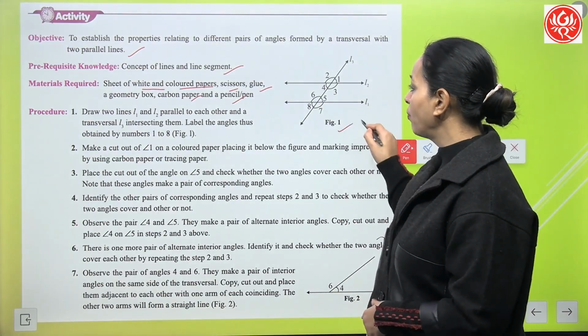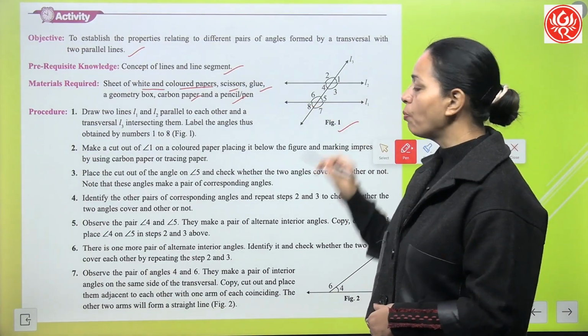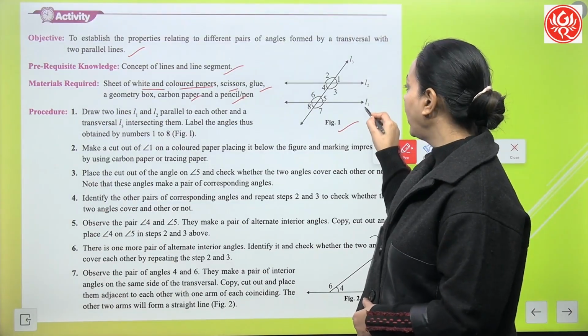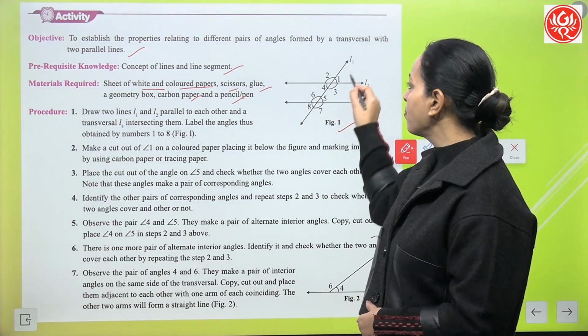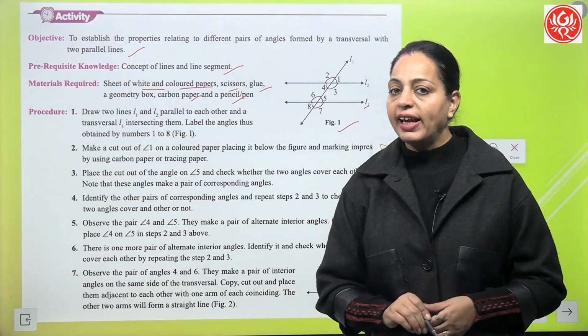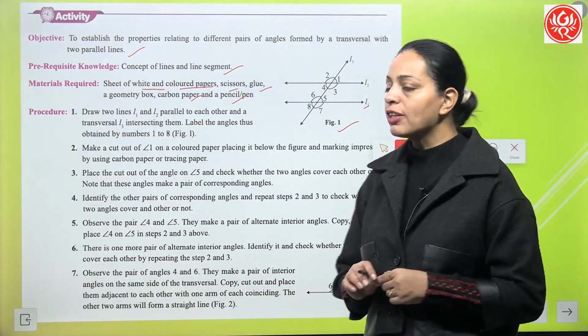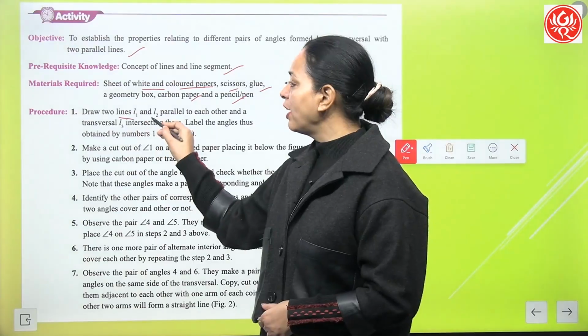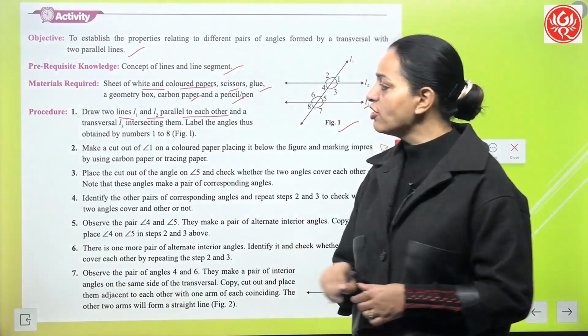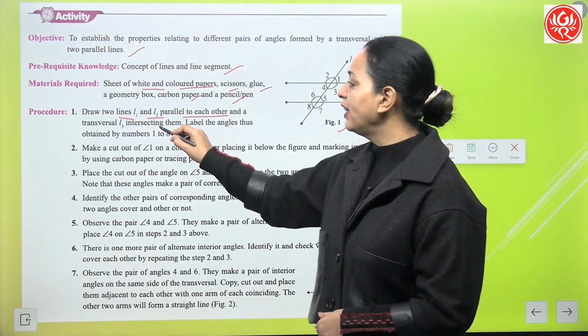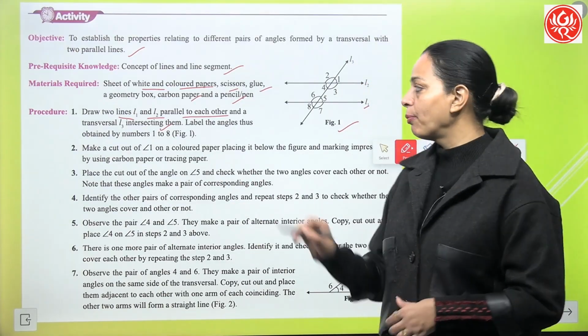Now we have this figure over here, two parallel lines L1 and L2 intersected by a transversal L3. So now procedure 1: draw two lines L1 and L2 parallel to each other and transversal L3 intersecting them, right?